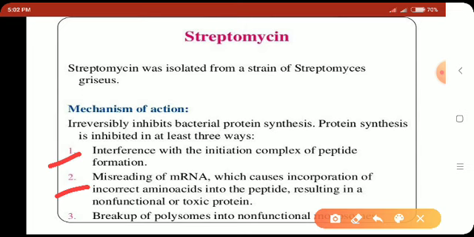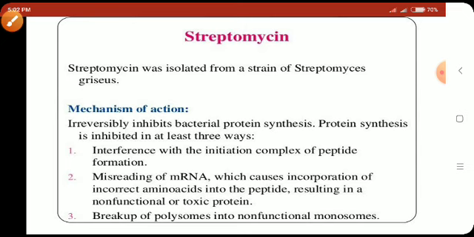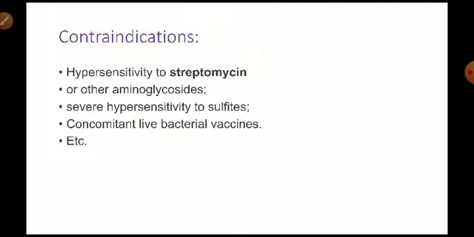And the last way to inhibit bacterial protein synthesis is breakup of polysomes into non-functional monosomes. This is about the mechanism of action of streptomycin.